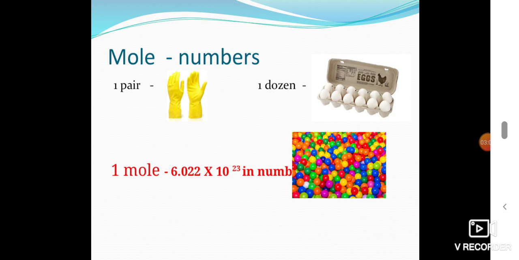So 1 mole of substance contains 6.022 into 10 power 23 number of substance. So imagine 10 power 23, how much is its value. So 1 mole of substance contains how many number of substance? 1 mole is equal to 6.022 into 10 power 23 in number.